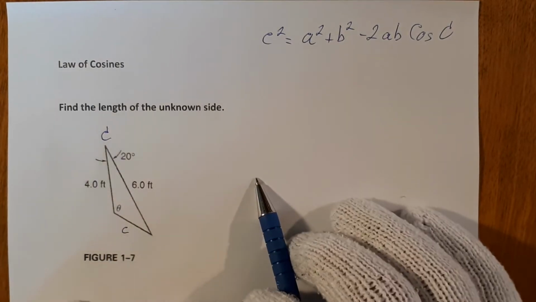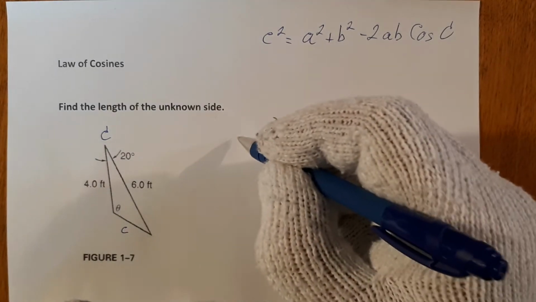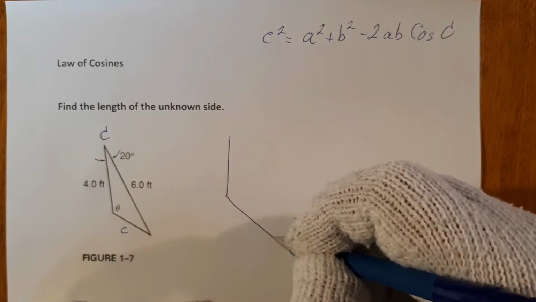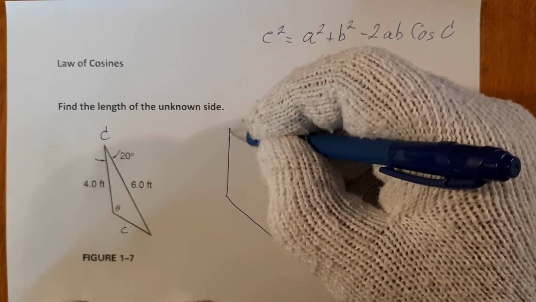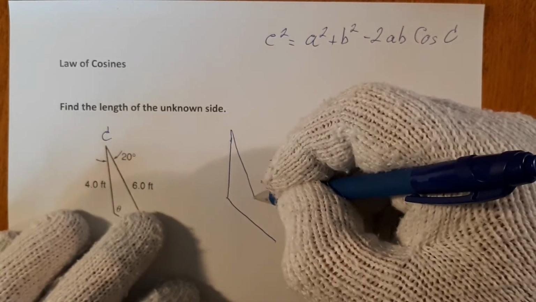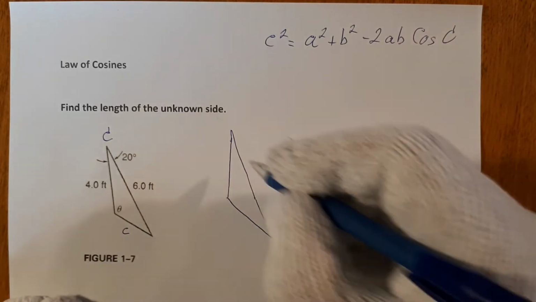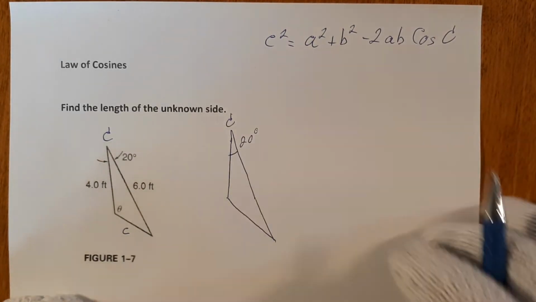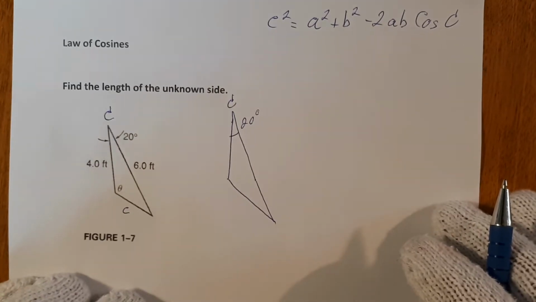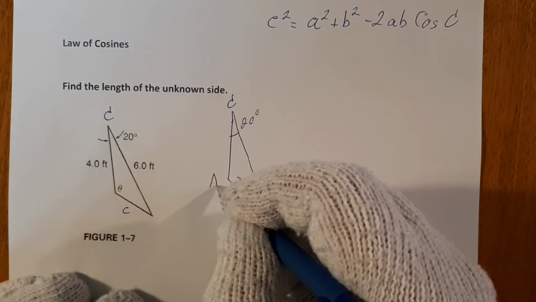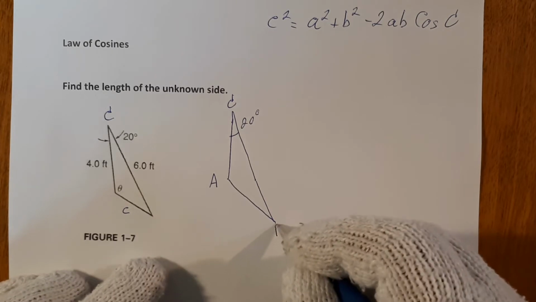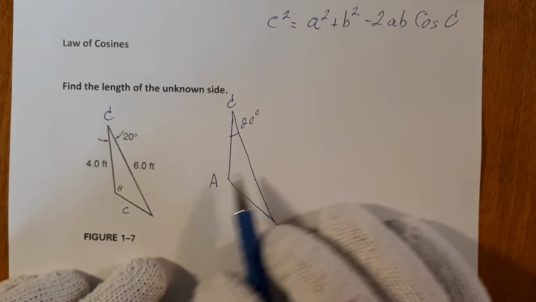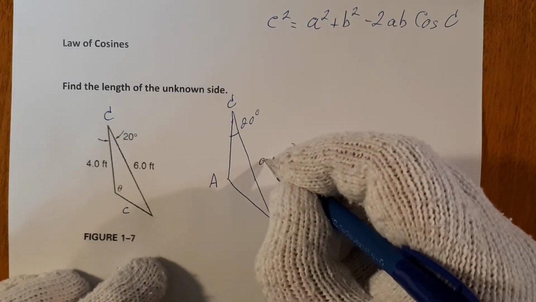I'm going to redraw this diagram over here. It would look something like this, and a really, really long line down this way. So here's 20 degrees, and I chose to call this one angle C. I'm going to arbitrarily call this angle A, and arbitrarily call this one angle B. Since this is angle A, then opposite angle A would be lowercase a, the length here.